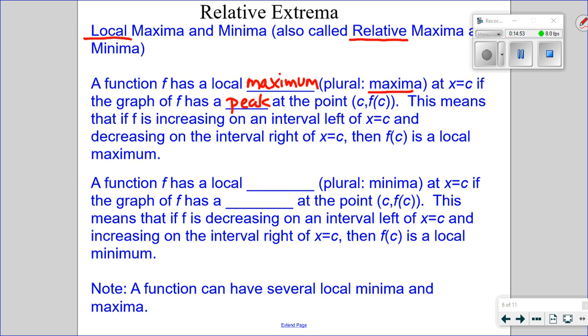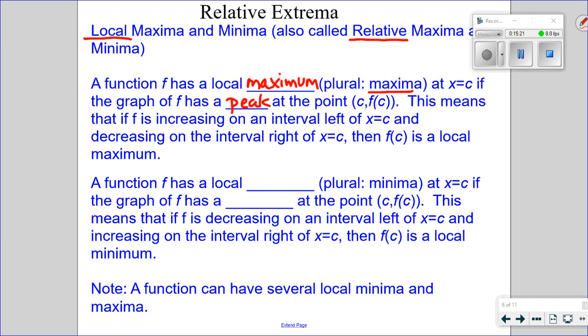Okay, so this means that if f is increasing on an interval left of x equals c and then decreasing on the interval right of x equals c, then f(c) is a local maximum, okay? So all we're saying is if you have a graph that changes from increasing to decreasing, then we can identify that point as a local maximum.